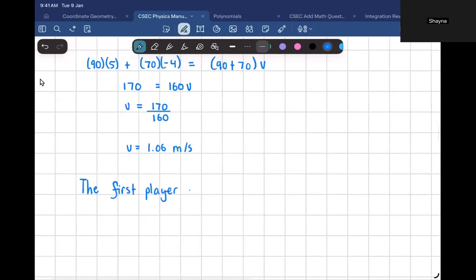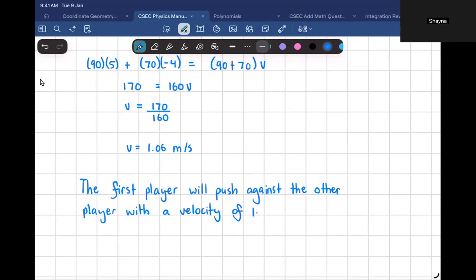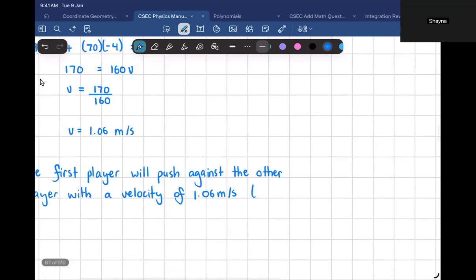So the first player will push against the other player with a velocity of 1.06 meters per second. And you could say that that means to the right.